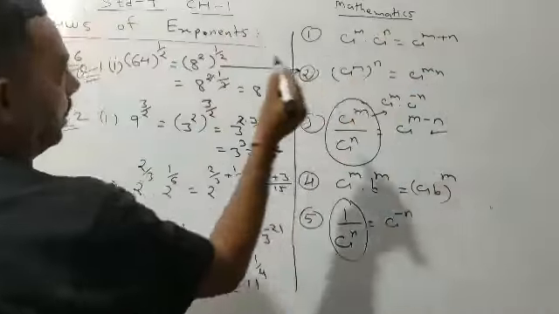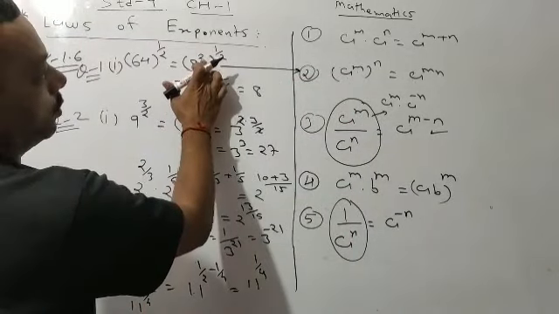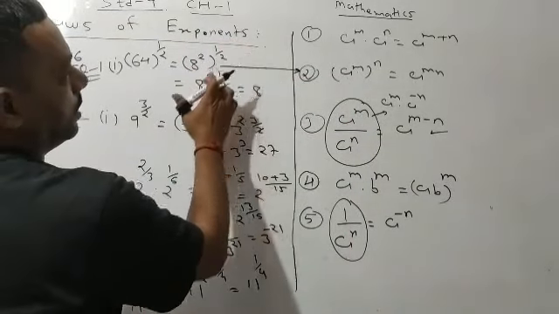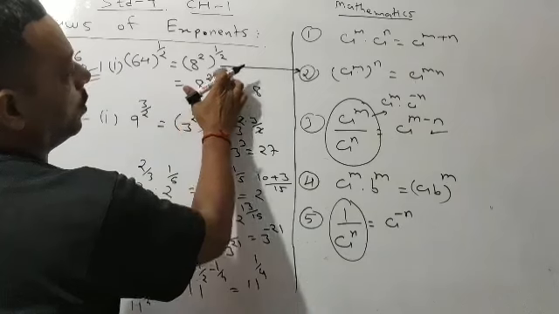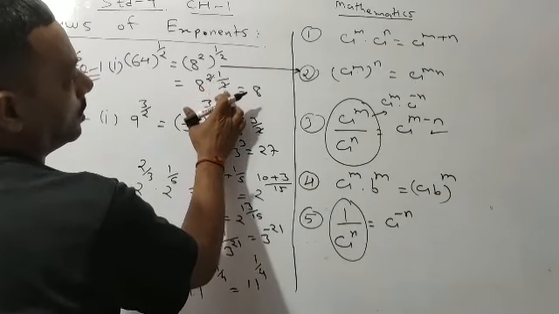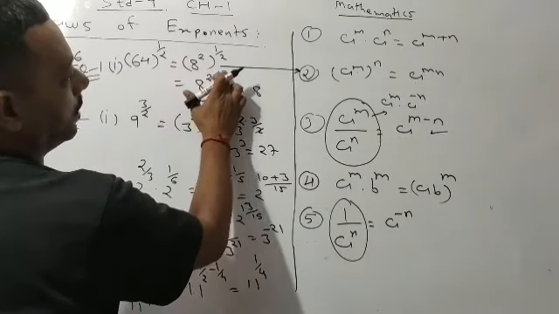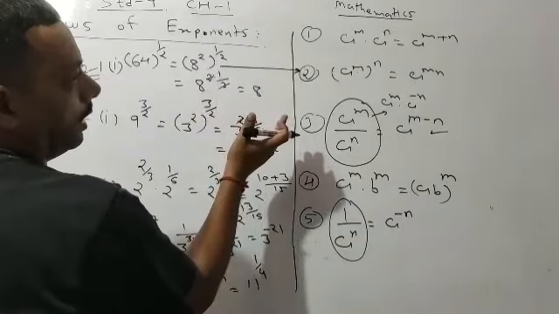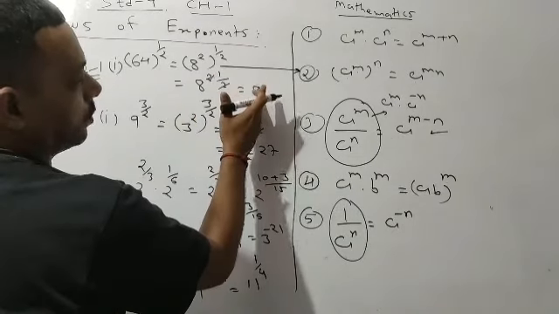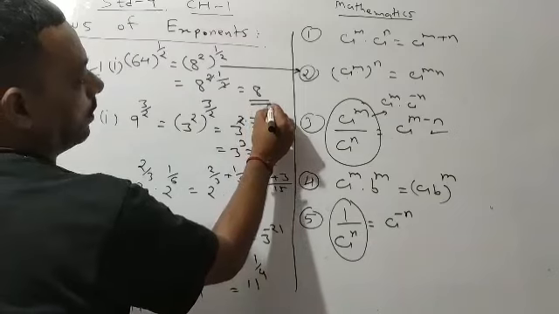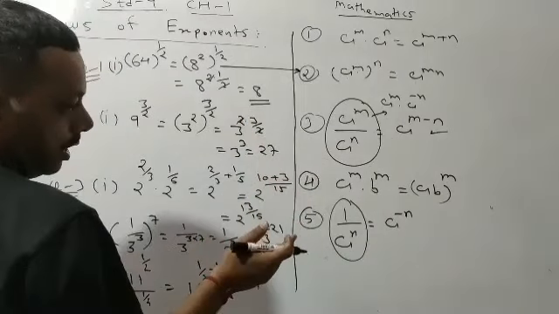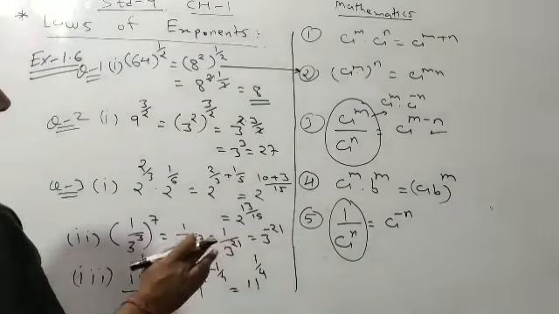On that basis, 8 raised to 2 whole power 1 by 2 is 8 raised to 2 into 1 by 2. The 2 gets cancelled, so the only power left is 8 raised to 1, and anything to the power 1 is the number itself. So 8 raised to 1 is 8 itself. The remaining 3 questions are also the same type.